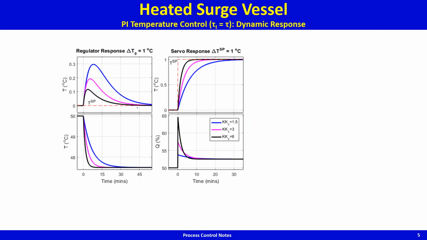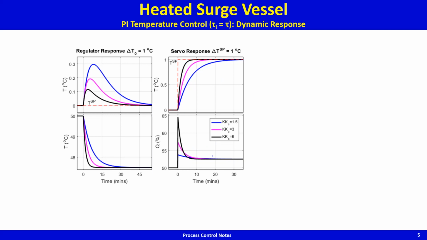If you look at the servo response, again you'll see as kkc is increased, the response is faster, quicker, there is no offset, and as kkc is increased, the change in Q is larger and more aggressive.